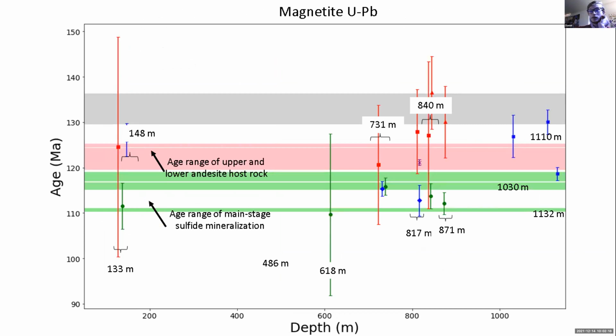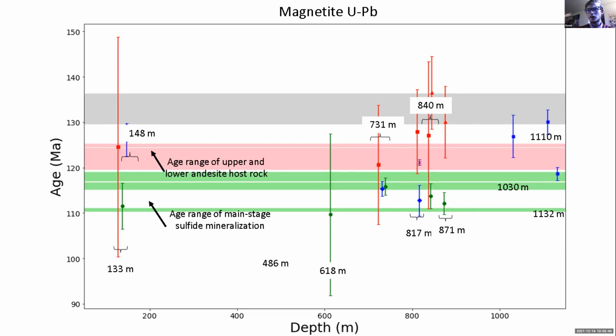And so when calculating the magnetite uranium lead ages, most of the magnetites presented geologically reasonable ages, falling between the age of the host rock and the sulfide mineralization. And again, the magnetite dates should be taken with a grain of salt because of the analytical limitations.